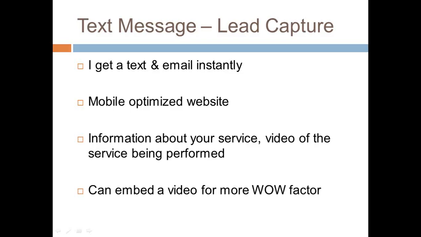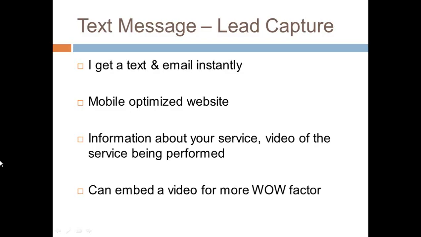How to send a video via text. One of the great things about texting is that, from what the statistics show, 97% of the people in the United States have a smartphone, and it's usually kept within 3 feet of their reach 90% of the time.